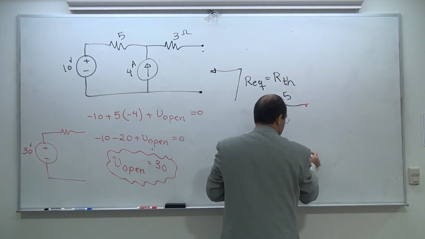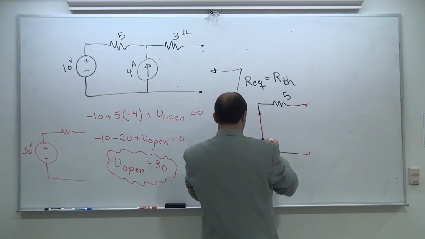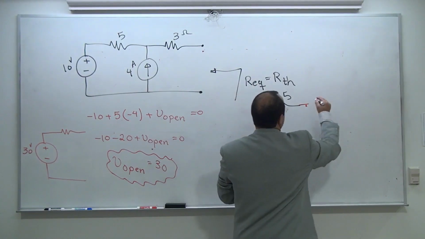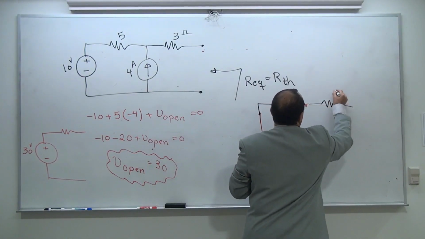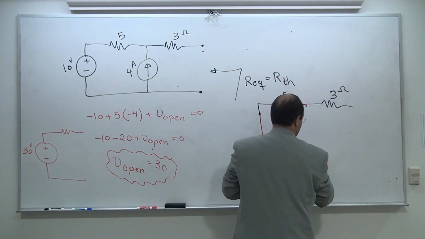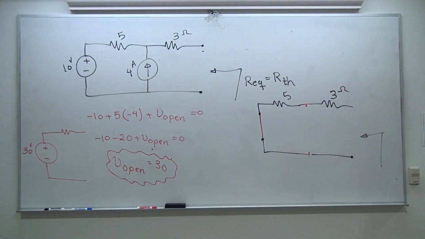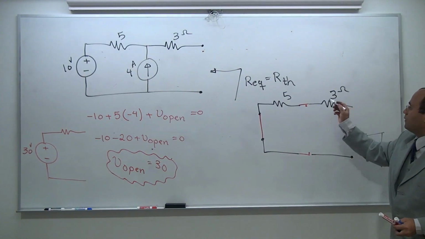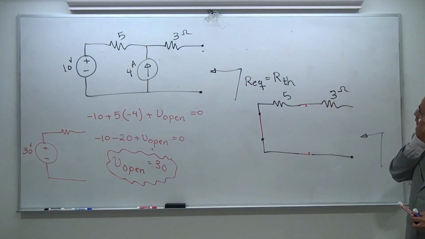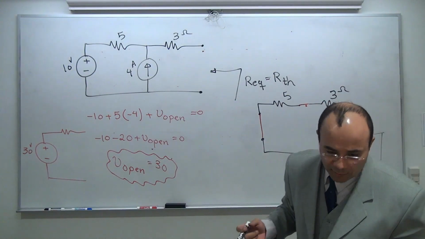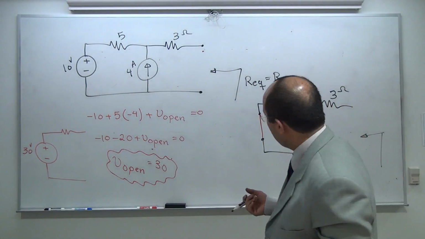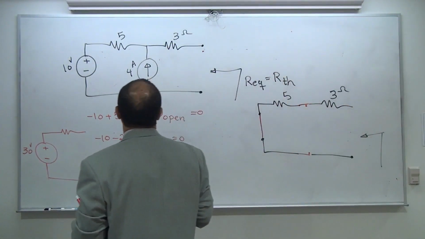I just want to make it very, very small because I don't want that to interfere with your imagination. And then you're going to have 3 ohm. And then here it is. How much is it? You can see 3 plus 5. Is it 3 or 2? Was it 3? That's 3. 3 plus 5, that's going to be 8.